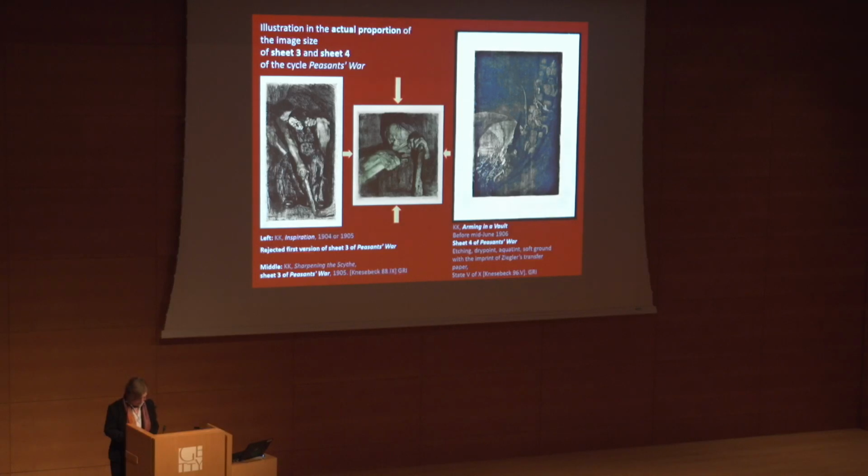Story-wise, here the idea of the woman sharpening the scythe becomes reality. The peasants are preparing themselves to fight for their rights. They are arming in a vault and are pushing themselves onward on corkscrew stairs to the outside.